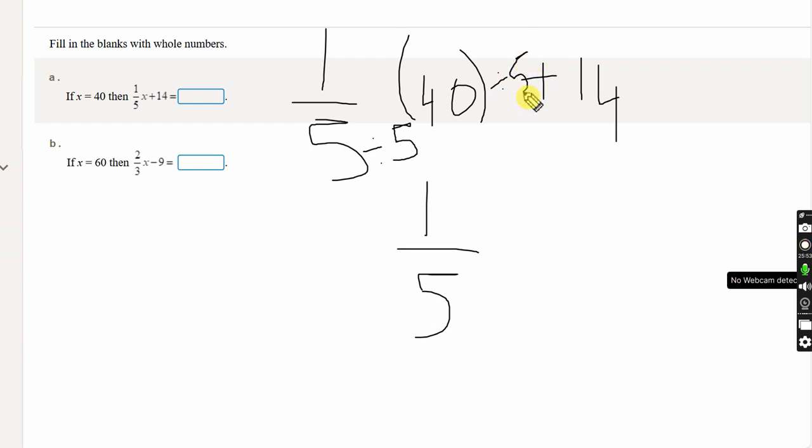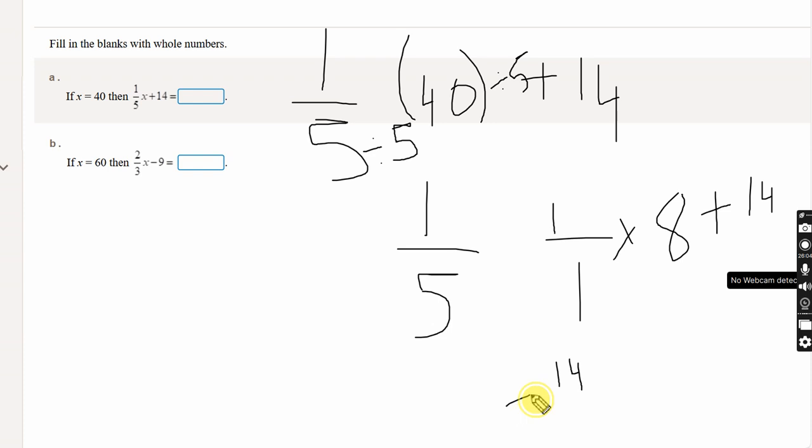So divide by 5 here, so it'll get 1 over 1 times 8 plus 14. 14 plus 8. So it becomes 22. There you go.